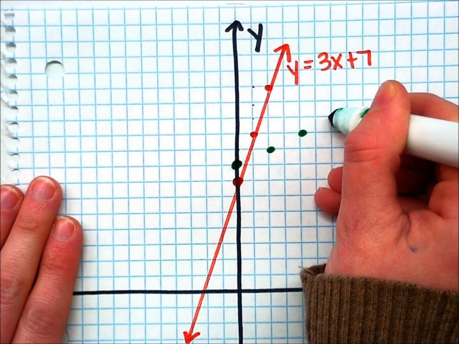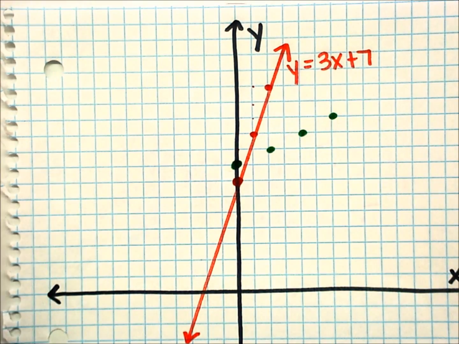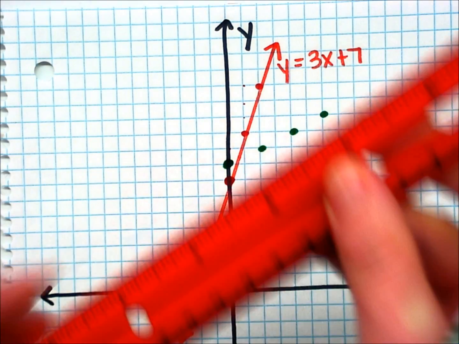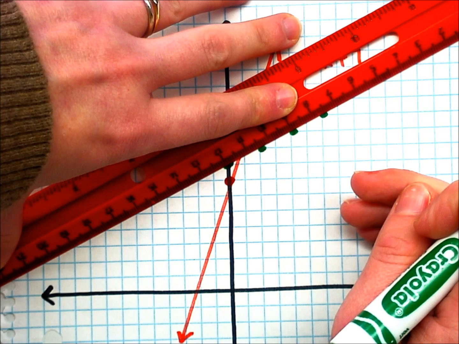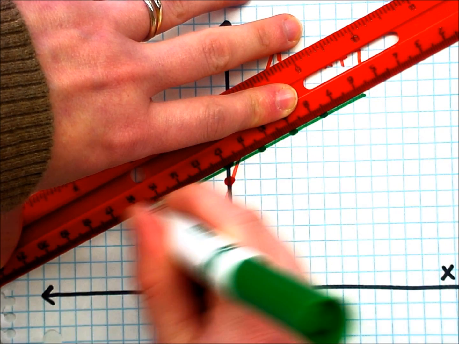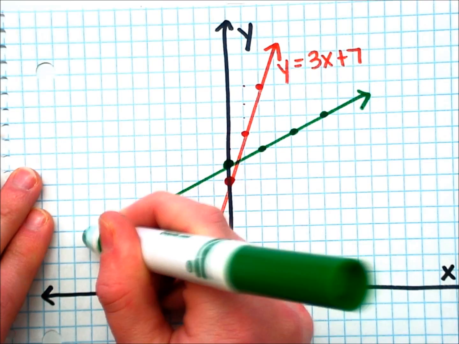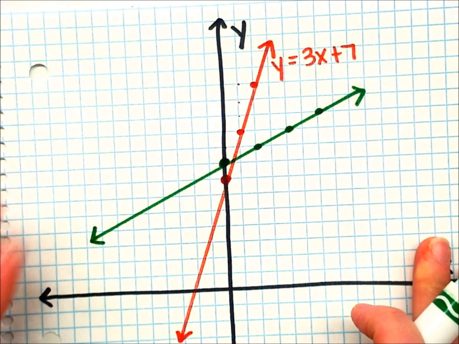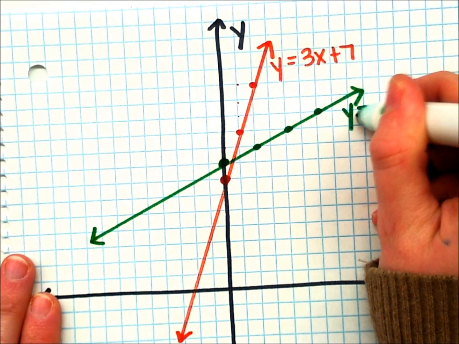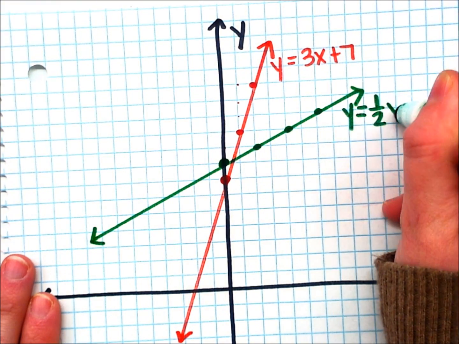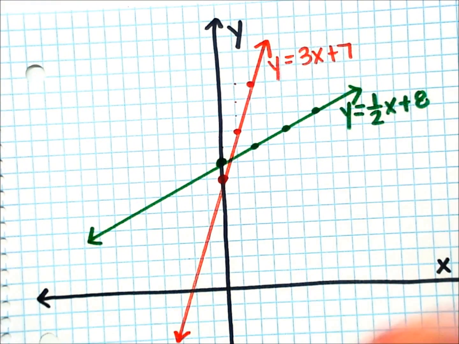I'm going to take my ruler and draw my line. Remember that when you are drawing lines, you need to include arrows on either end. And let's also label this line. This is the line y equals 1/2 x plus 8.